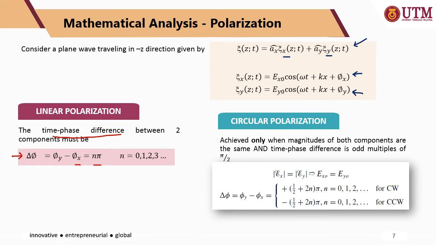So for circular polarization, it can be achieved only when the magnitudes of both components, the x and y components, are the same.